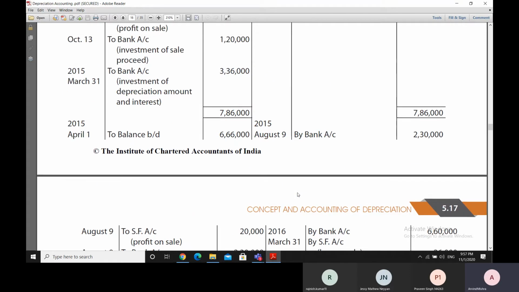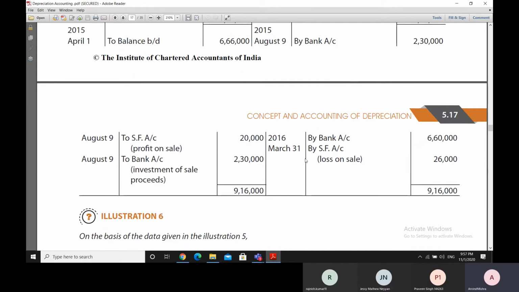So on 31st March 2016, we are making this entry: first of all, on August 9, we are investing the sale proceeds, because these 2,30,000 rupees that we have received, we have to invest back. We invest it again by debiting the sinking fund investment account and crediting the bank account, thereby transferring this amount of 2,30,000 rupees back into the sinking fund investment account.